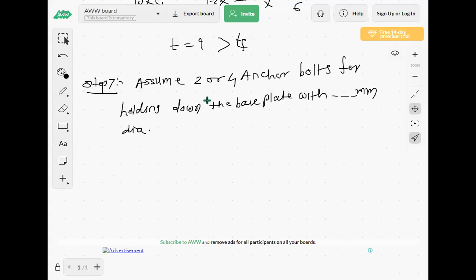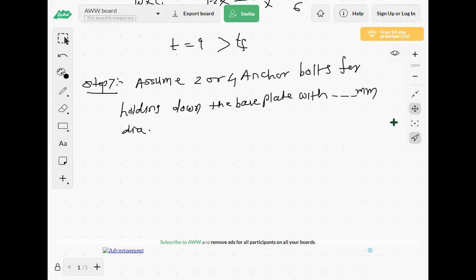We have to use 2 or 4 anchor bolts for holding down the base plate. This base plate we have to hold down with the concrete pedestal. We have to connect the base plate with the concrete pedestal, so we fix the concrete pedestal and base plate with the 2 or 4 anchor bolts.